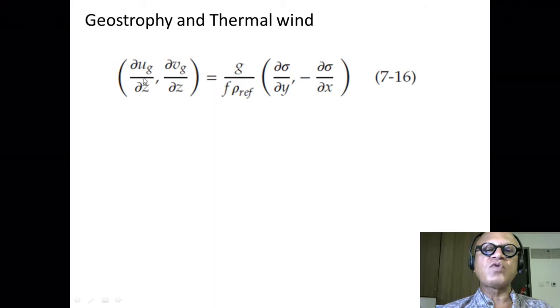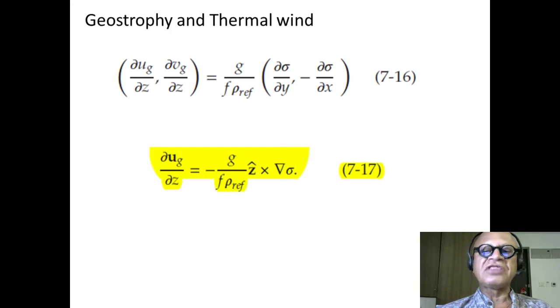So the geostrophic wind shear, dug dz and dvg dz, was equal to g over f rho ref times d sigma dy in the x and minus d sigma dx in the y. Okay, we used the standard methodologies to derive these. You can go back and look at the podcast.